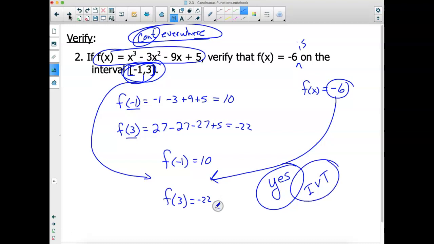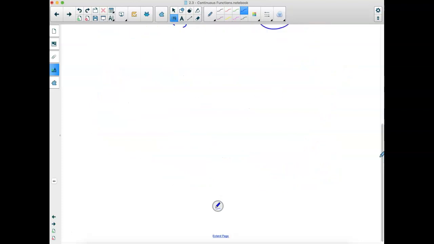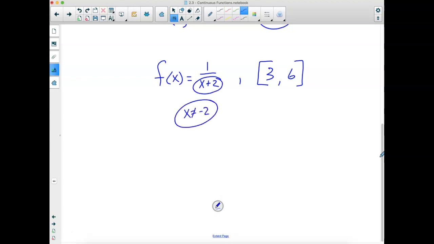Just because I have a function that may have discontinuities in it doesn't mean I can't use the intermediate value theorem, okay? If I said f of x equals 1 over x plus 2, but they gave me an interval from, say, 3 to 6, and they wanted to know if some f value fit, the only discontinuity is x cannot equal negative 2, and that discontinuity in the rational function is not in that interval.